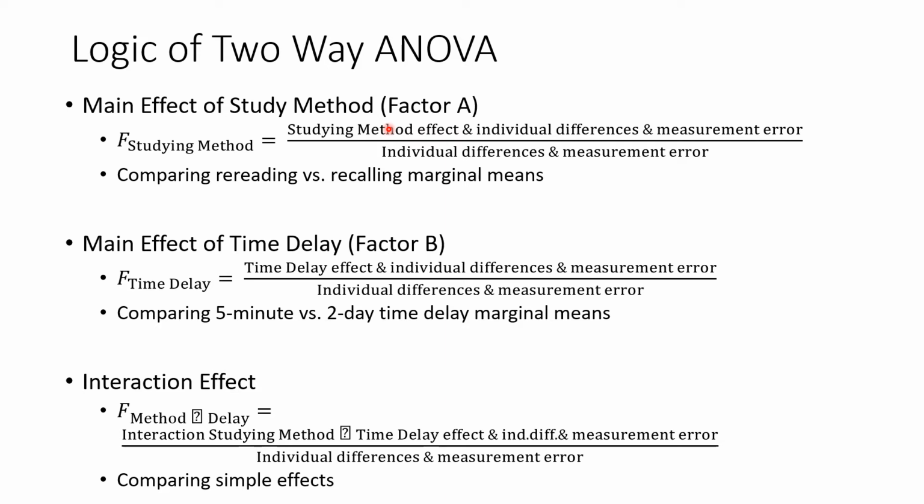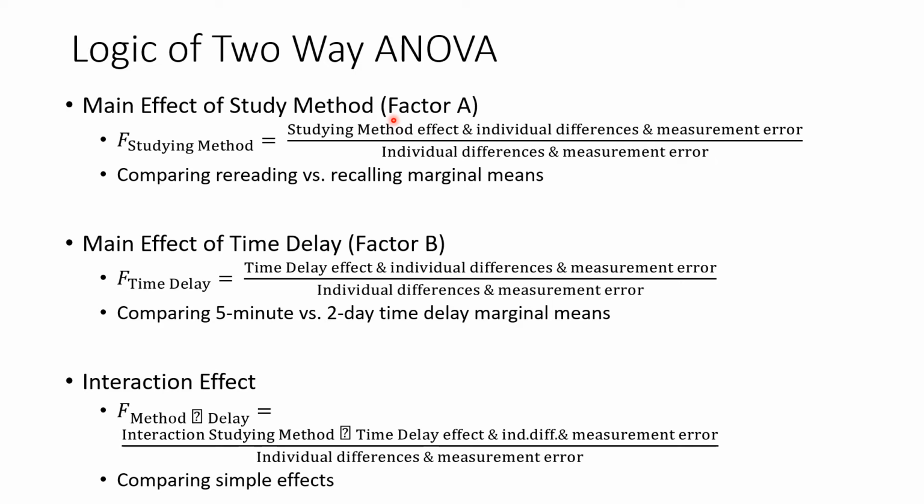Between conditions, there are different people in the different conditions, so there's individual differences variability, and there's always measurement error. But between conditions, we have different studying methods. So part of the variability created between conditions is due to studying method. So again, if you divide the within variability into the between variability, you're going to be left with some value that represents the amount of variability created by studying with different methods.